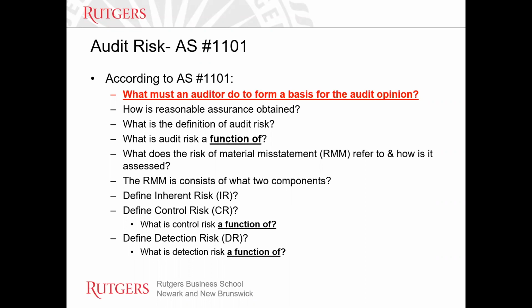Will giving secretaries 2 weeks off prevent unauthorized individuals from coming into this building? No, right? Those two things have nothing to do with each other. So that control is not designed effectively.